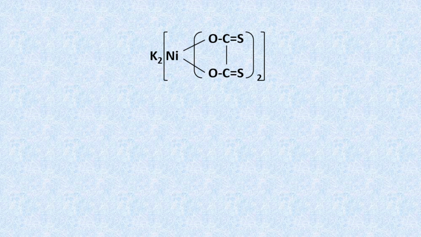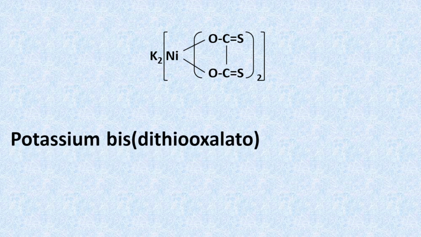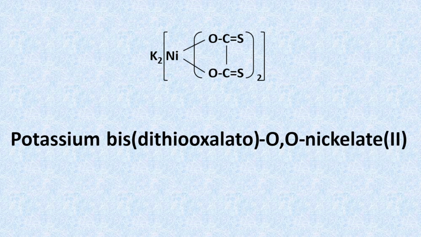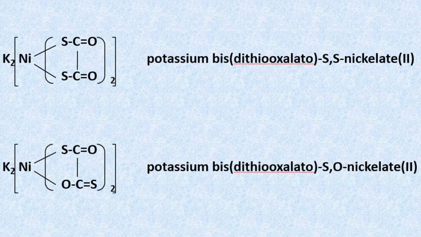So, its IUPAC nomenclature is potassium space bis dithioxylato, as there are 2 such ligands, hyphen oxygen comma oxygen hyphen, as both the donor sites are oxygen, nickelate 2. These two complexes are also the same, except for the bonding site of the ligand involved with the nickel.